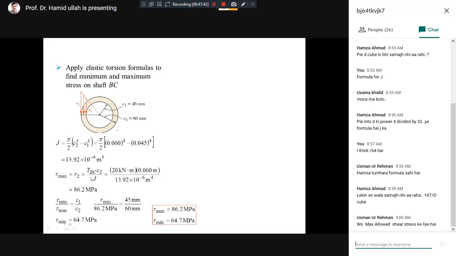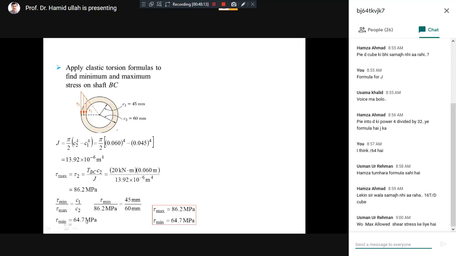Because we are talking about maximum shear stress, and shear stress will be maximum when you put the outer radius, which is C2. The maximum shear stress is 86.2 megapascal. You can relate the minimum to the maximum by C1 by C2, the radii already determined. So you can find the minimum equal to 64.7 megapascal.